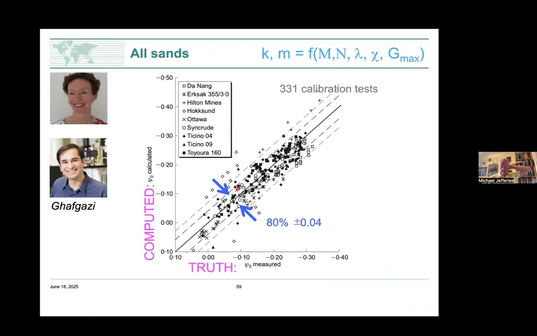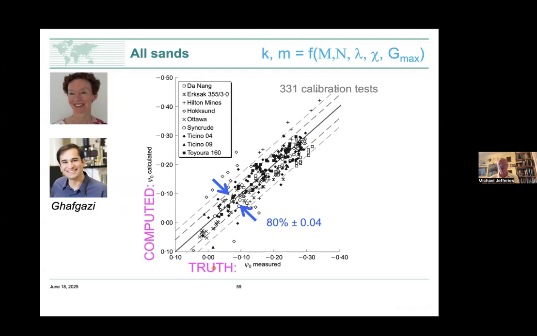Dawn had a PhD student, Mason Ghafghazi, this chap here, and his PhD was to look at the world's database and see whether the CQ was the same thing. So what we've done here is plot what I call truth. Each of the labs has reported a Q for their test, and they've reported a void ratio, and we've actually tested each of those sands to determine the critical state property.